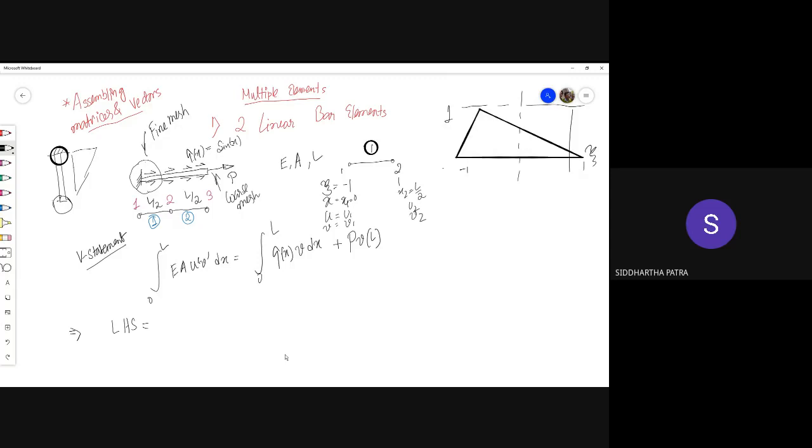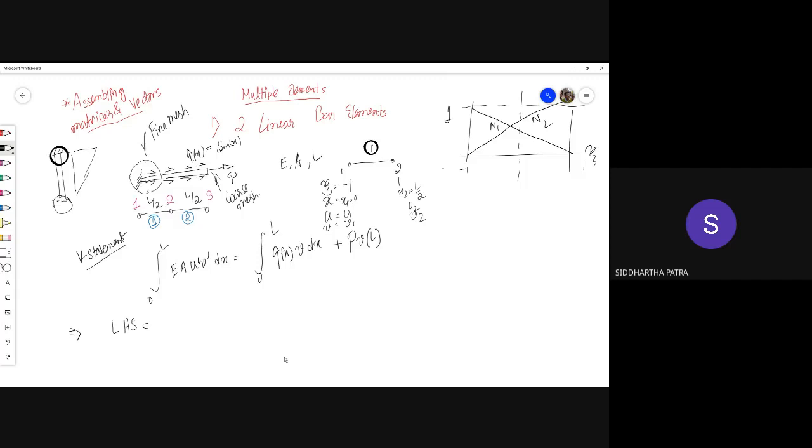So this is going to be N1, and this other line is going to be N2. Okay, and you know the remaining drill. So you have done linear bar element and quadratic bar element. I would expect it should be by heart by now what to do next and how to get the element stiffness matrix.